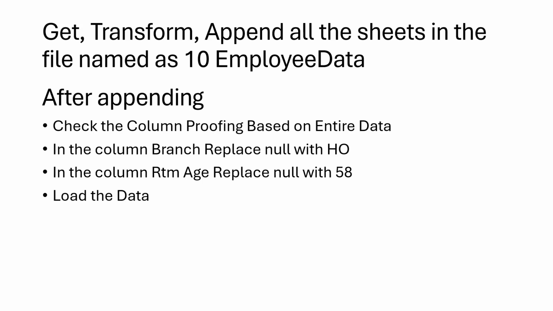So first consolidate all the 6 sheets into one sheet, then replace the nulls in branch with HO, and wherever the retirement age is null, replace it with 58 and load the data. Only one table should get loaded, not 6 or 7.